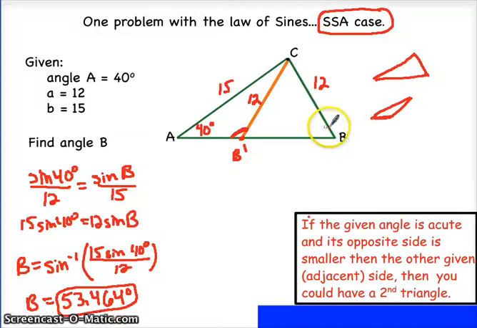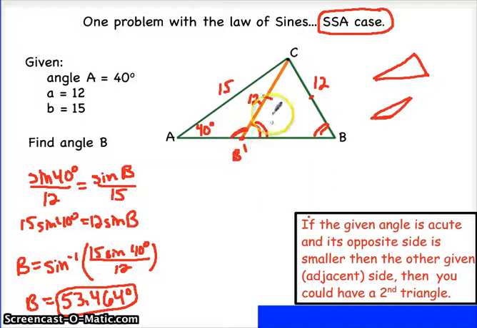If I know that angle B was equal to 53.464, and these two sides are both 12, this is an isosceles triangle, which means that angle B could also be written over here, because base angles of isosceles triangles are equal.